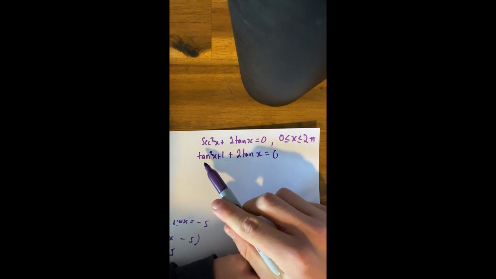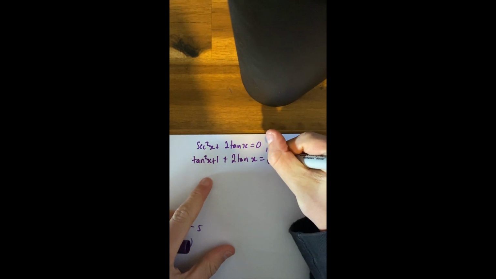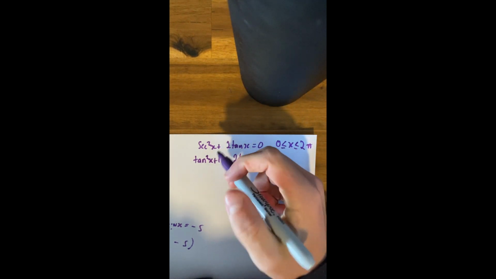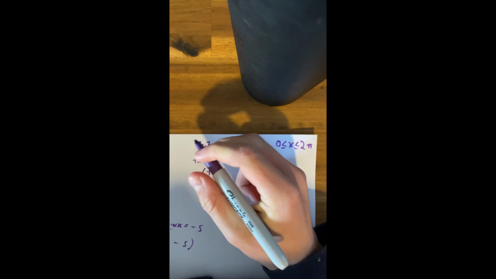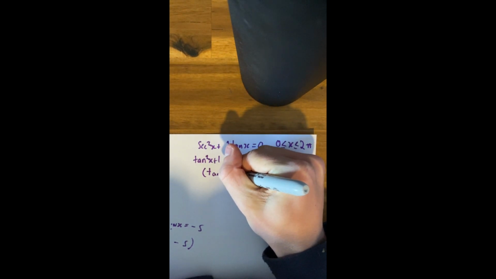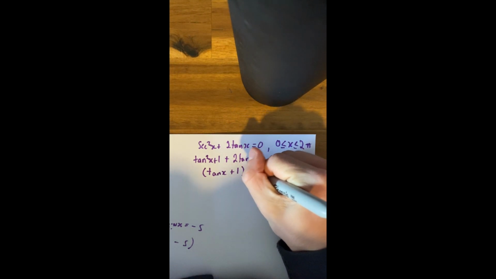So next thing we do is factorize this. Now that we have tan squared, tan, and a constant, we can factorize this, and as we can see, it's a perfect square. So (tan x plus 1) squared will equal to 0.